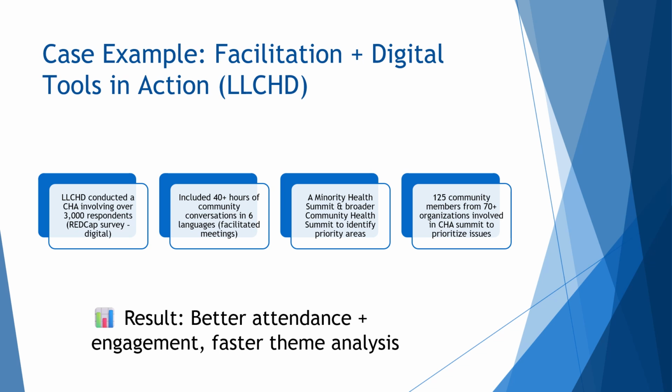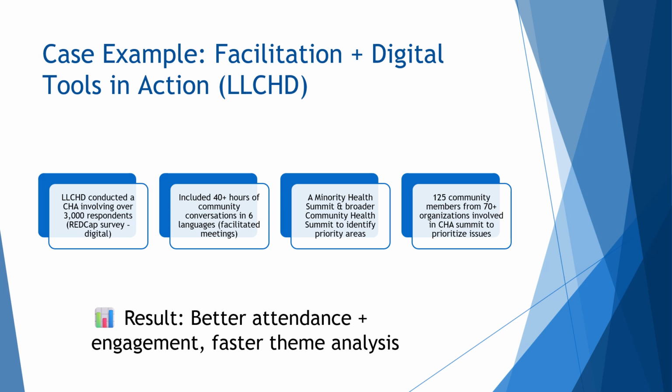We did a minority health summit. It's been a while now, about 5 years ago. That identified priorities that were then used to weight the measures that were being prioritized so that they had more probability of being picked up for the Community Health Summit as priority areas.